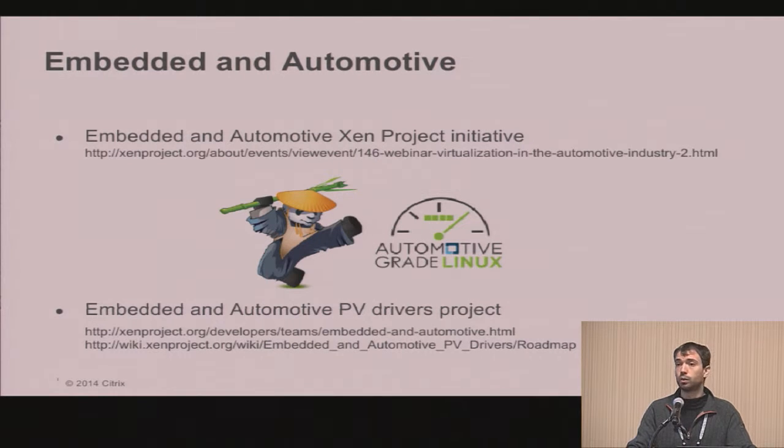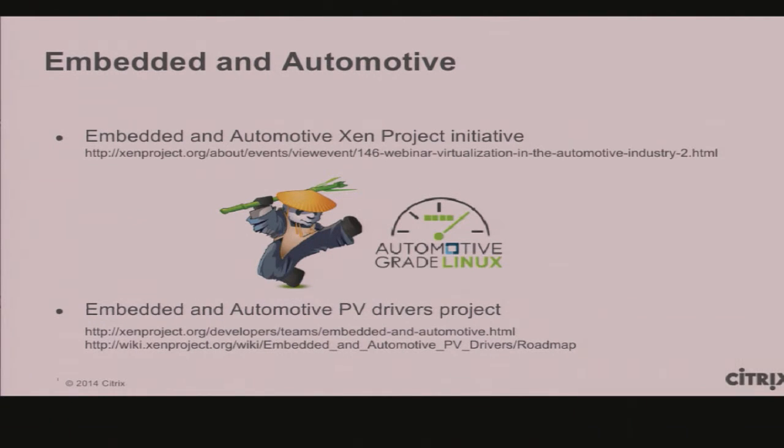GlobalLogic is going to contribute the first few PV drivers, a port of QNX and a port of Android to Xen on ARM. Especially for those of you that were present at Xen Developer Summit 2013, we spoke exactly about this, and we tried to find a way to collaborate on embedded and automotive, and this is exactly it.